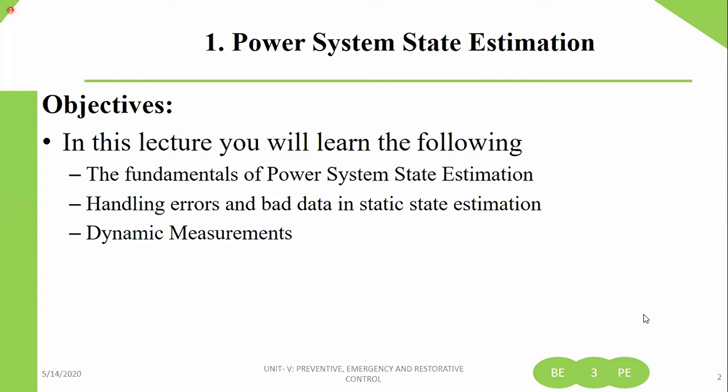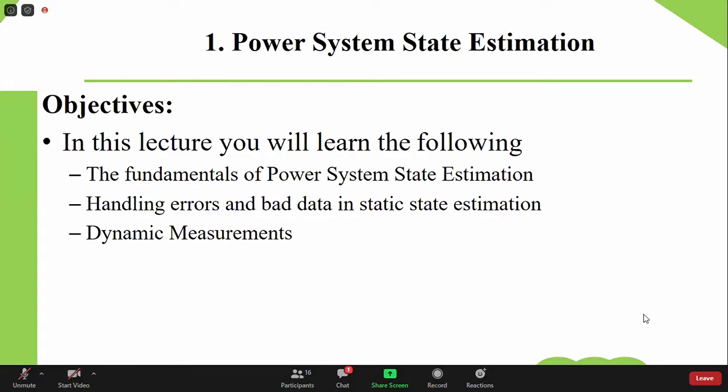Our objectives for today's lecture are, first, the fundamentals of power system state estimation. Basically, there are 2 ways we can carry it out: one is static, another is dynamic, which we will learn later on. Then handling errors and bad data in static state estimation.